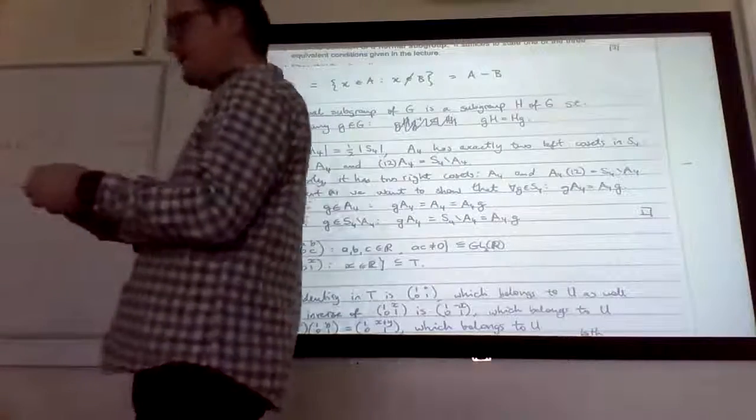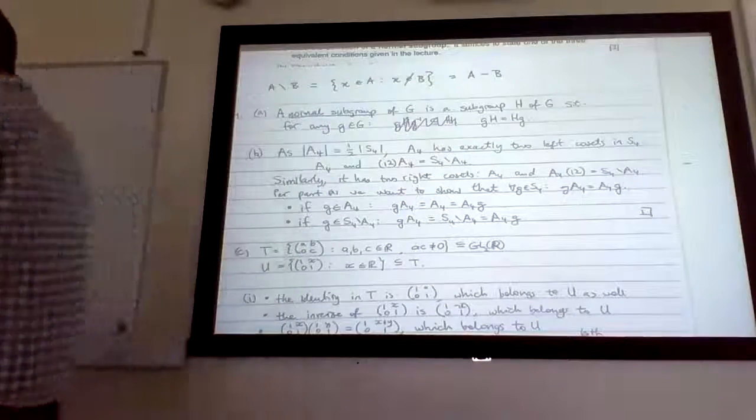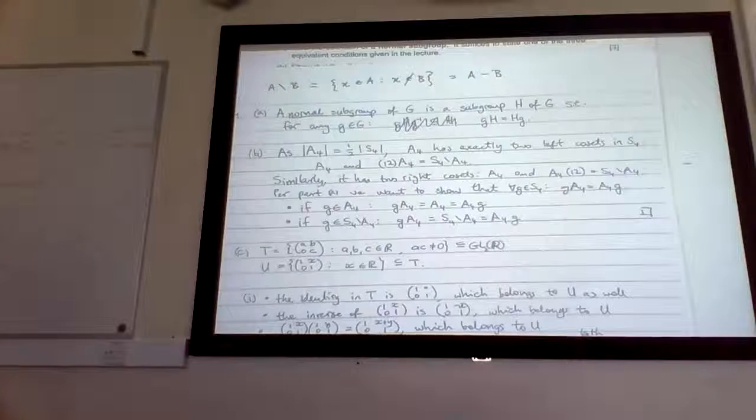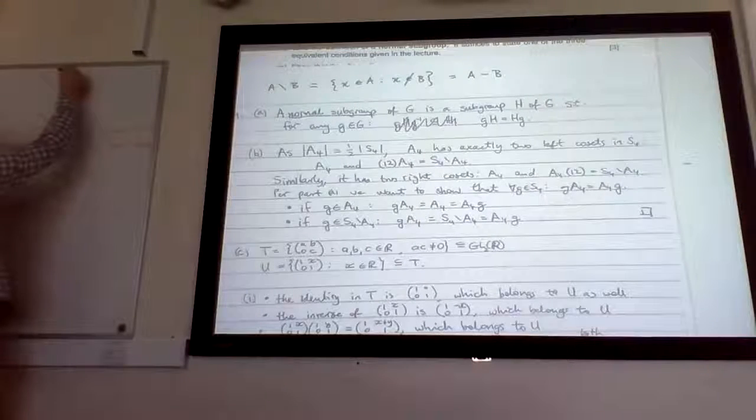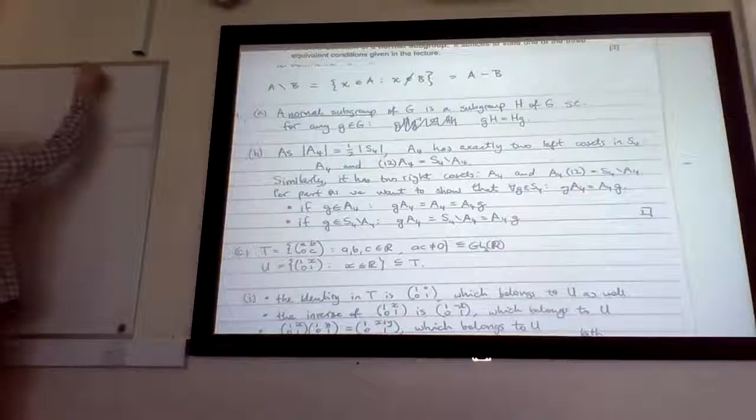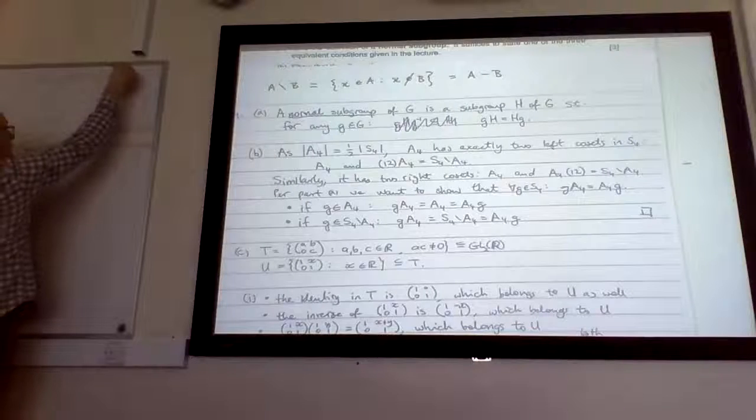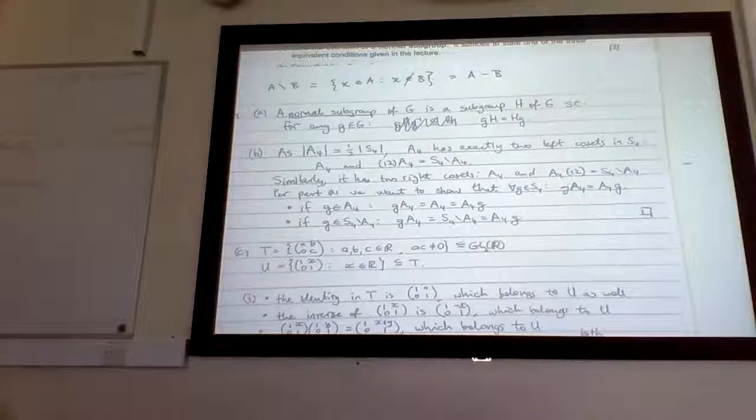So what I'm proving there is this alternative condition. So this is another way of saying A4 is normal. This is one of the equivalent conditions: that when you conjugate the subgroup by any other element from the group, you remain in the subgroup.